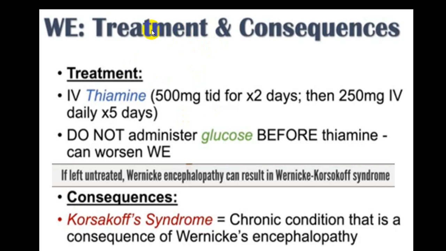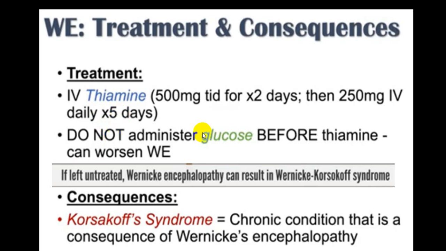We know Wernicke's encephalopathy is because of thiamine deficiency, so you will require a good dose of thiamine, almost 500 milligram TID, given for 2 days IV, and then cut down the dose to 250 milligram IV daily for 5 days.